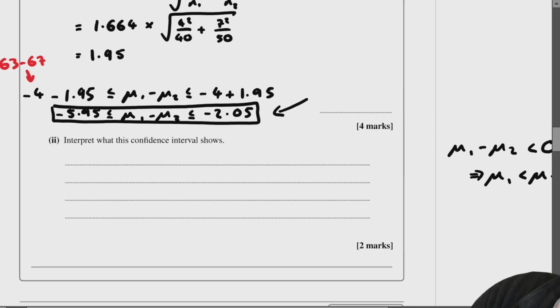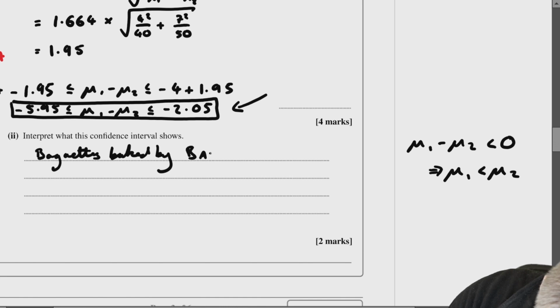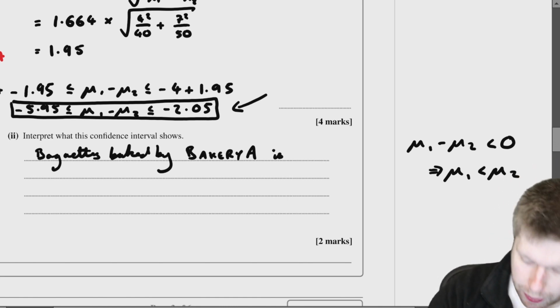Okay, so I'm literally saying here that the baguettes baked by bakery, well, okay, mu1 is bakery A, is shorter.